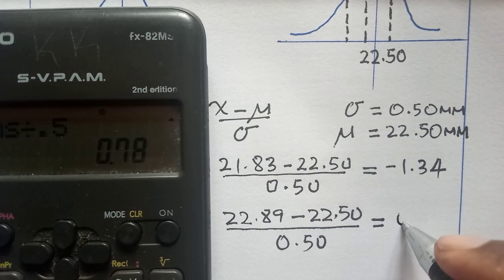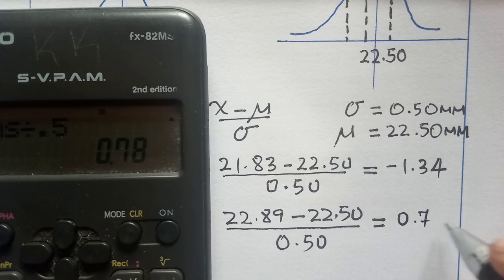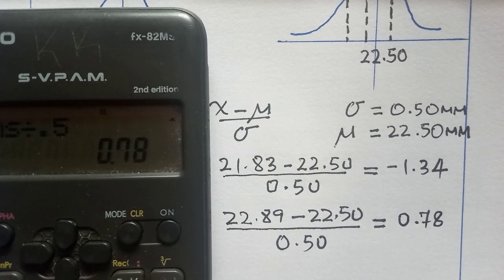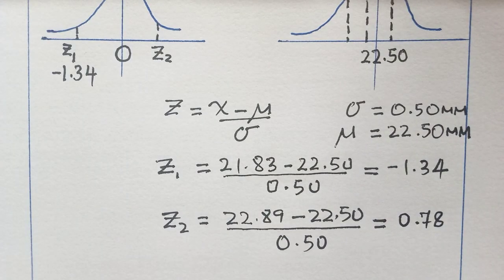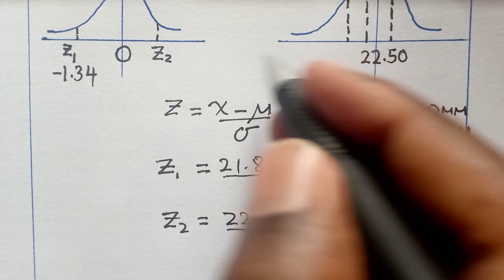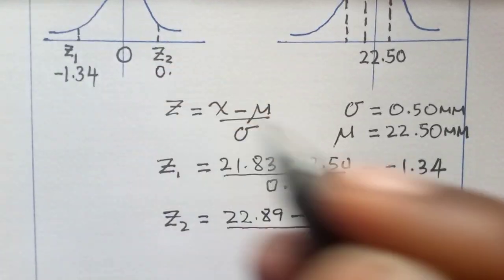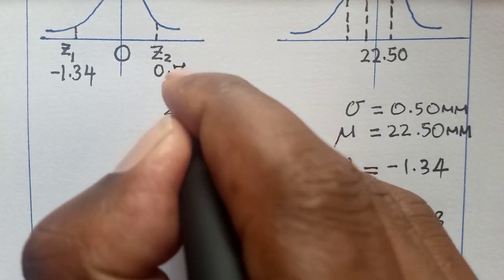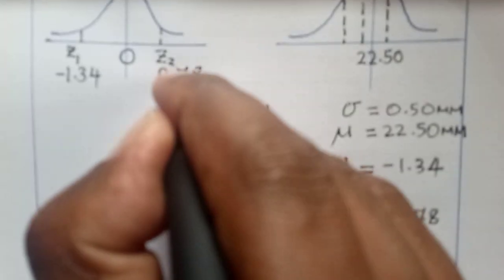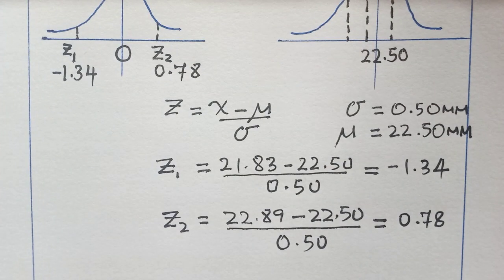So this is 0.78. Now guys, we have converted. What we require is now the probability.